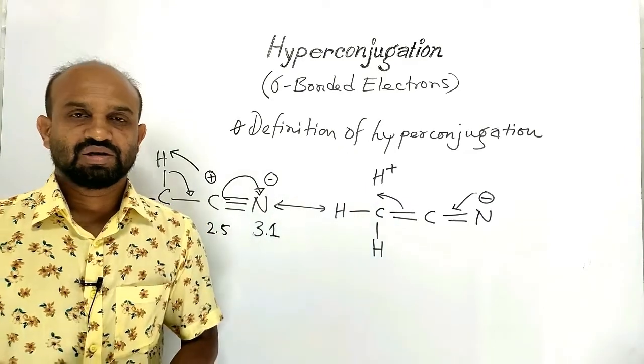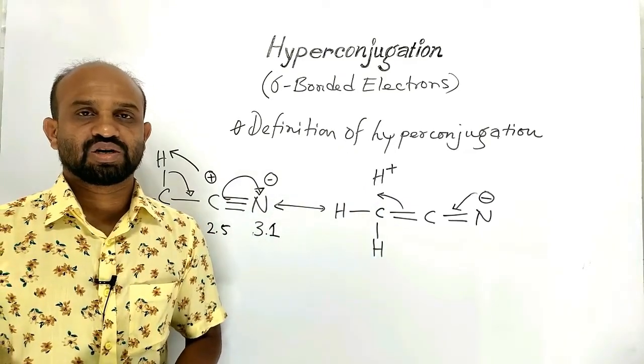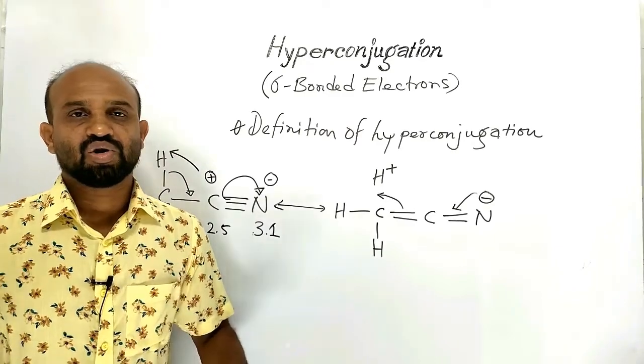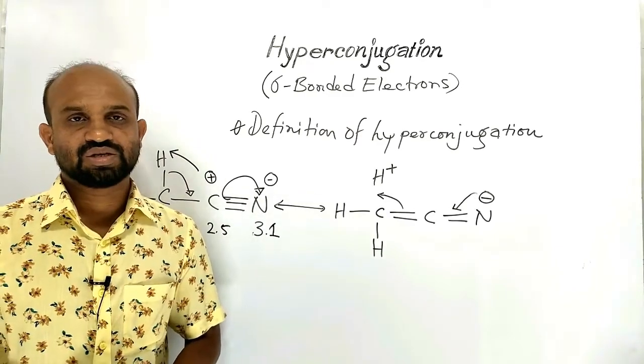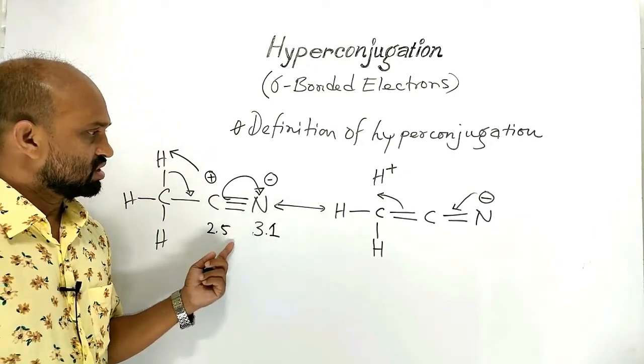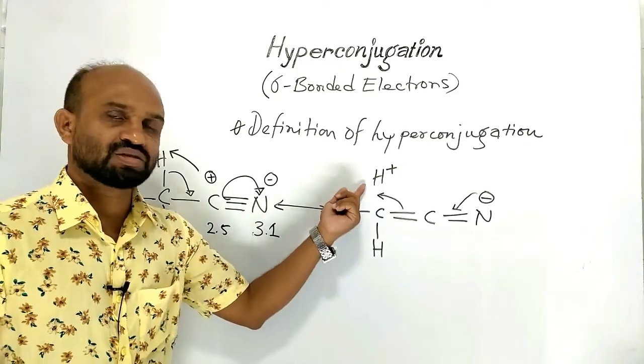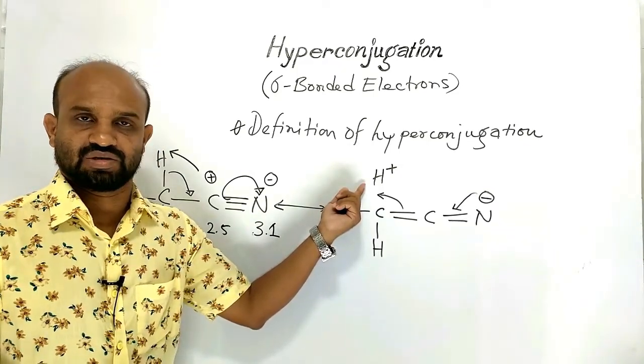That is why hyperconjugation is sometimes called no bond resonance or bondless resonance, because here resonance structures are obtained in which no bond is present.